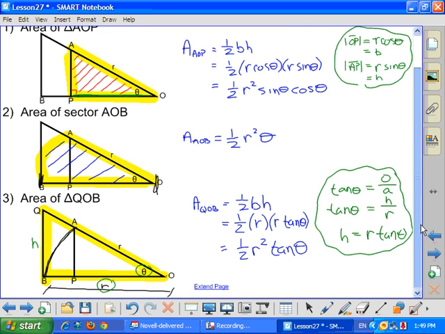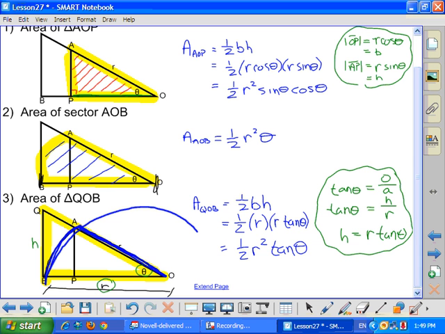Finally, the third one wants us to find the area of the large triangle, QOB. One thing to keep in mind from question number 2 is that OA is the radius of a circle. If I spin that around, it would create a circle.